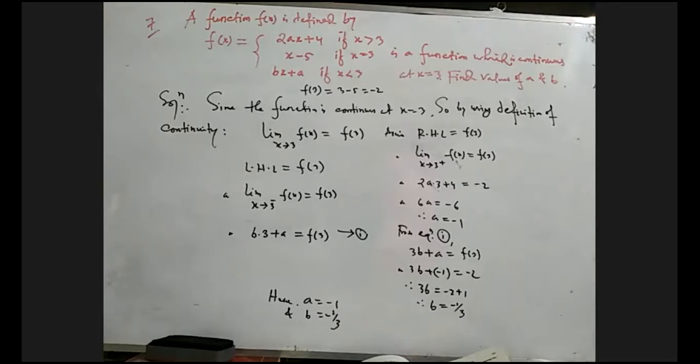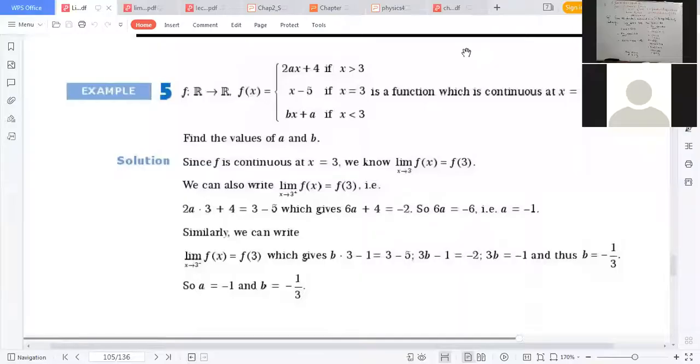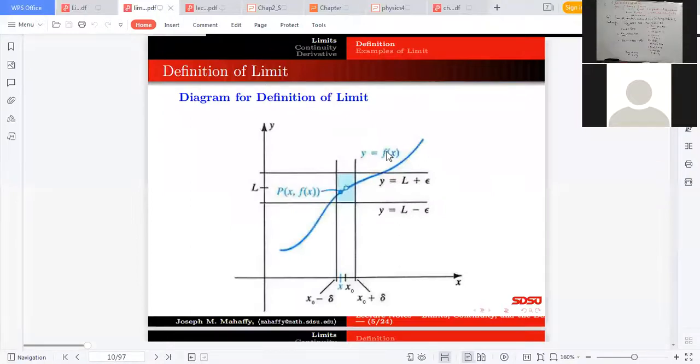So today we have learned about limit and continuity. Actually, the diagram I have not used here, if you are interested. This is the diagram of the limit of a function, with the delta neighborhood and the epsilon neighborhood for the y value.